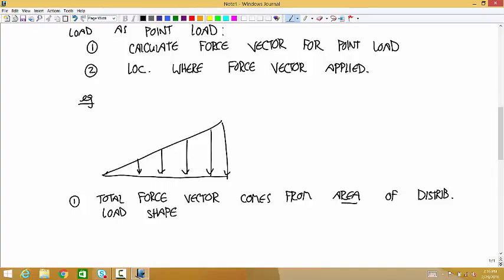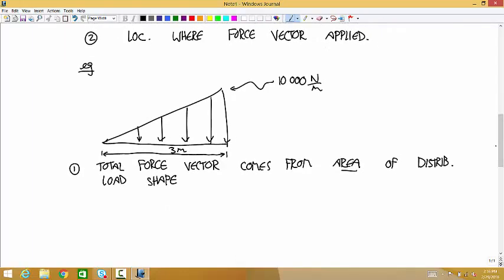Let me put some numbers on this. Let's say that this has a length of 3 meters, and at its highest point, this distributed load is 10,000 newtons per meter. Then the total force is just the area of this triangle.